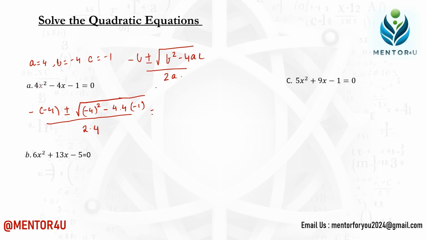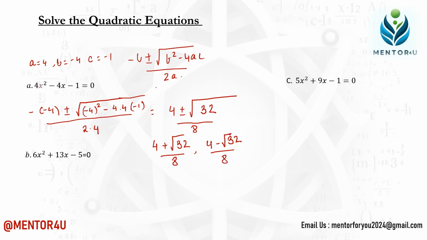So that is going to be 4 plus minus root of 16 plus 16, that will be 32, divided by 8. You can simplify root 32 further as 2 root 8, or you can just leave it like that. It is going to be 4 plus root 32 divided by 8 and 4 minus root 32 divided by 8.